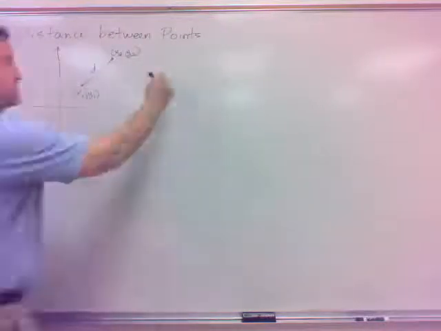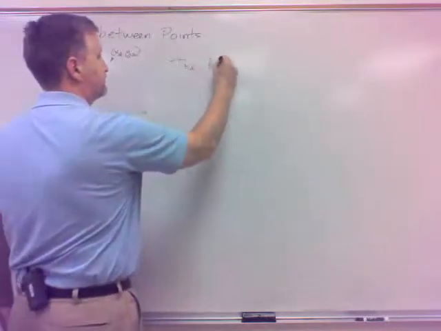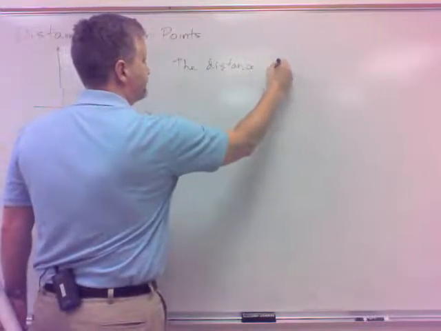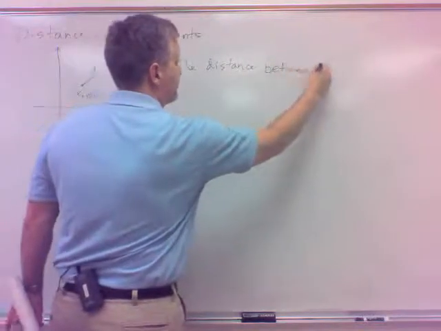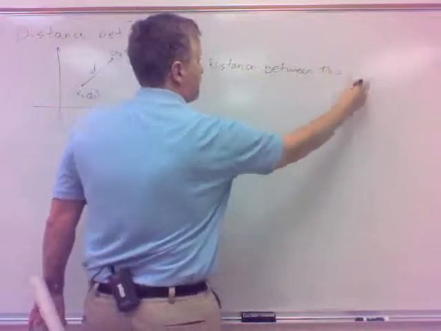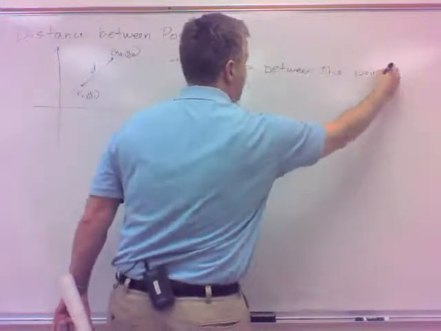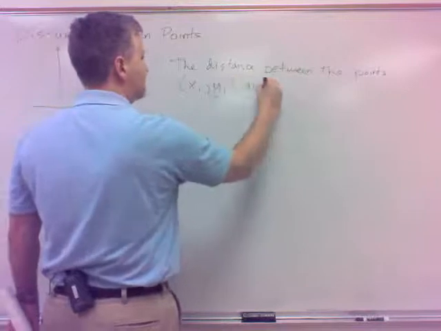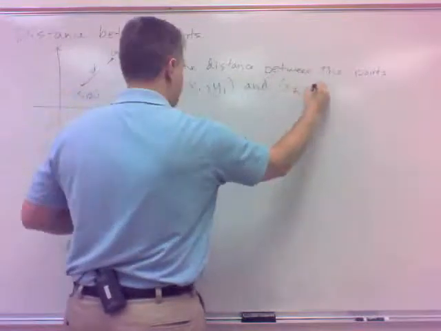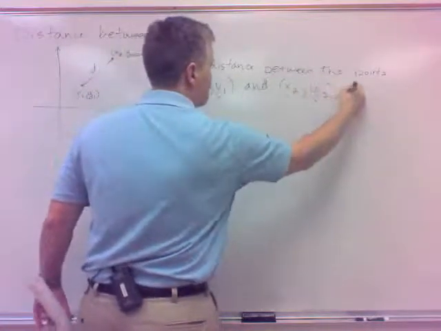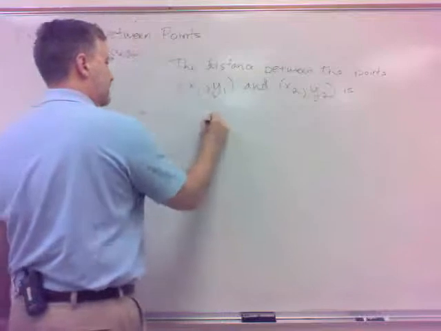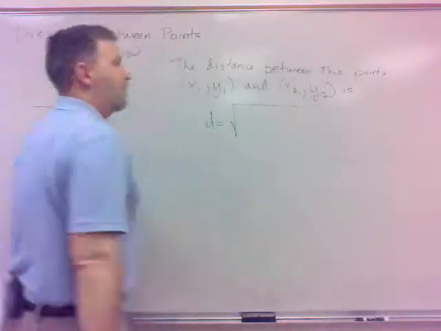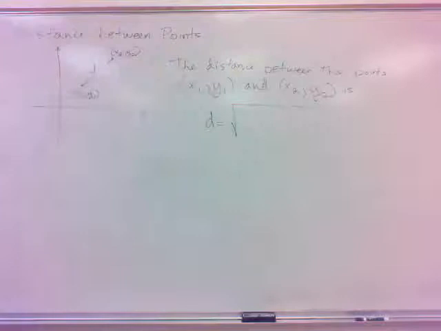The distance between the points x1, y1 and x2, y2 is given by this formula right here. D equals, turns out it's a square root number.